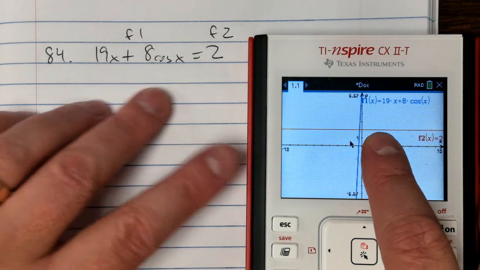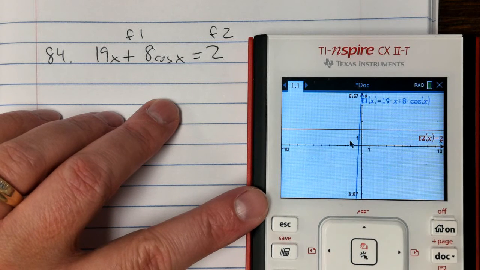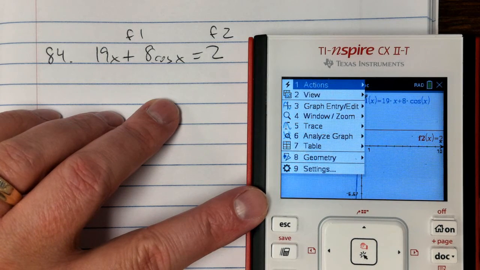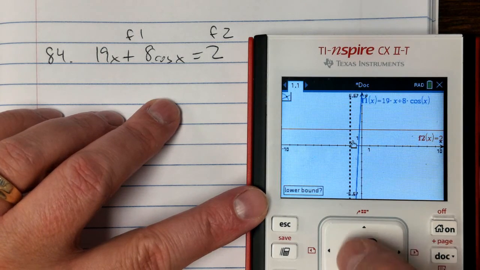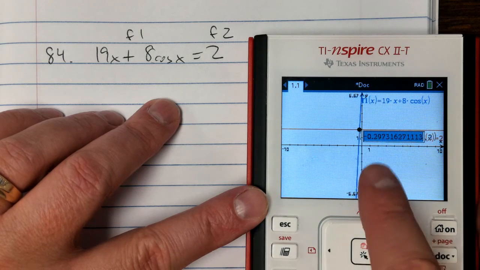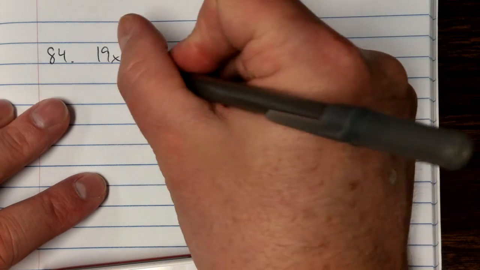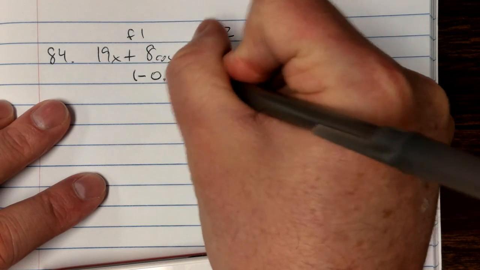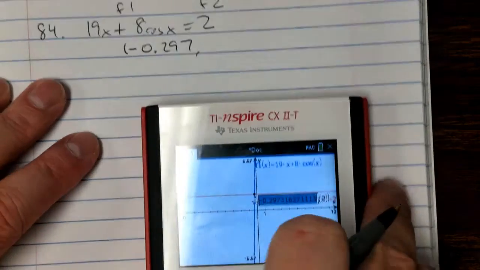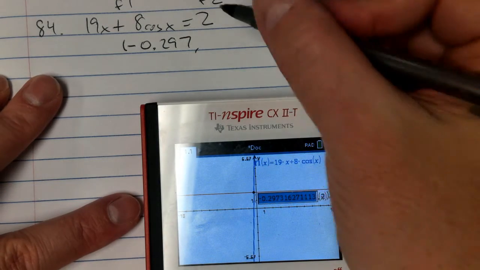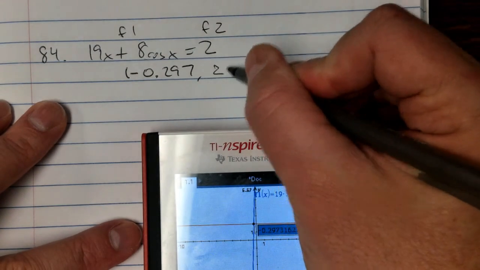Okay, so there it is, and you just do your intersection. Menu, analyze, intersect between here and here. You have negative 0.297 comma 2, because that's what would make sense, because your y value is 2.